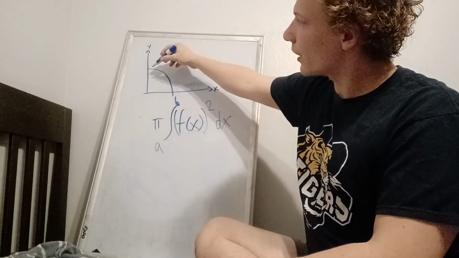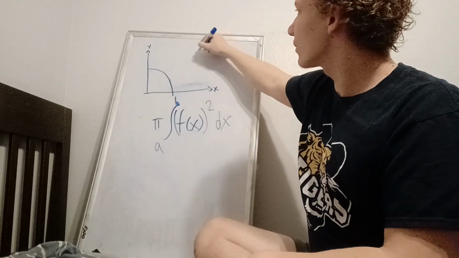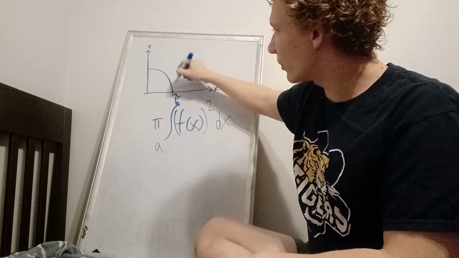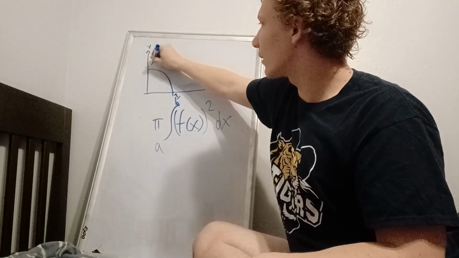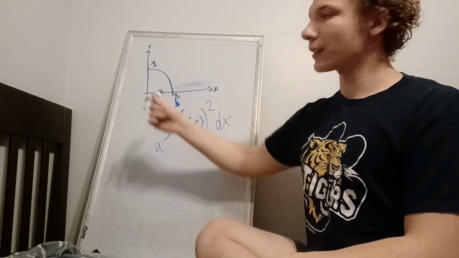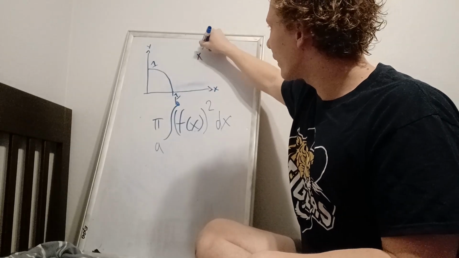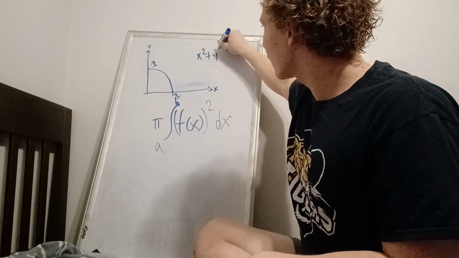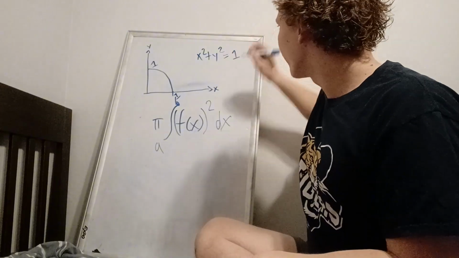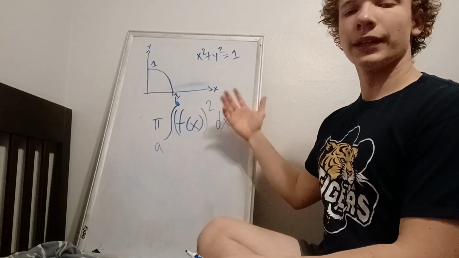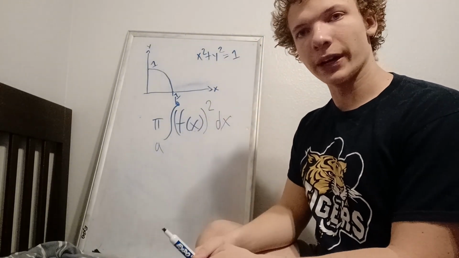Well, a half circle is, we'll say this point is 1, and this point is also 1, right? 1 on the x, 1 on the y. That gives us a function of x squared plus y squared is equal to 1. All right, well, let's get this into just terms of y.